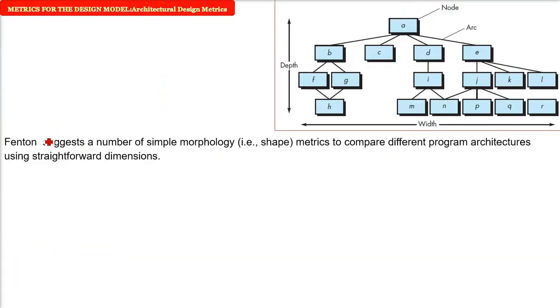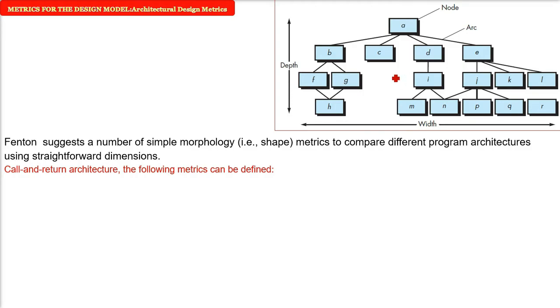Now Fenton suggested a variety of simple morphology metrics that are based on shape. Morph means shape or form. So simple morphology metrics are used to compare various program architectures using very straightforward dimensions. What are these dimensions?